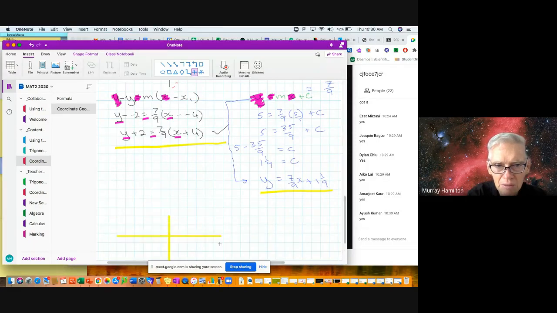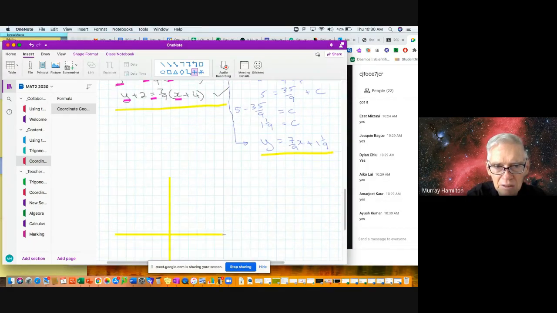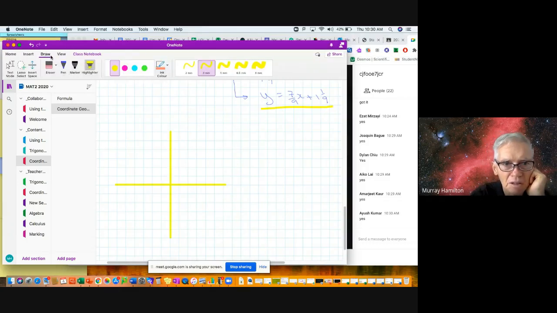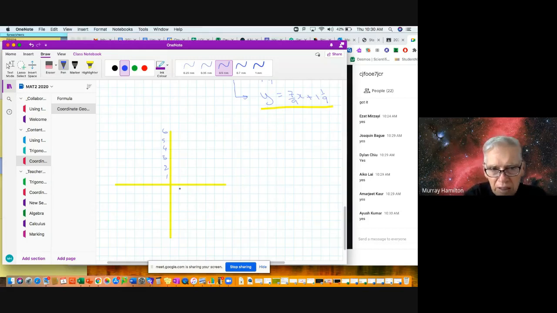So let's draw another pair of axes. I've got a pair of yellow axes here, it'll be fine. And on here, I'm going to draw the points. 1, 2, 3, 4, 5, 6. Okay, I want some people to suggest some numbers between negative 5 and 6.